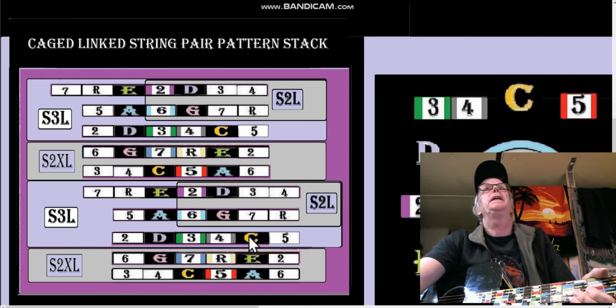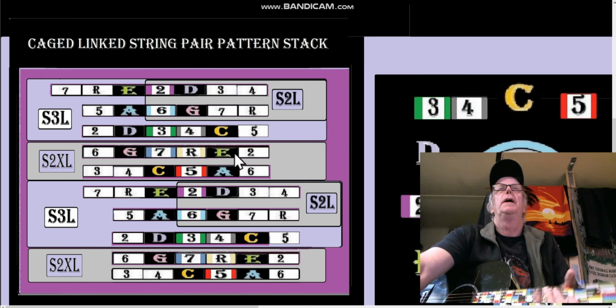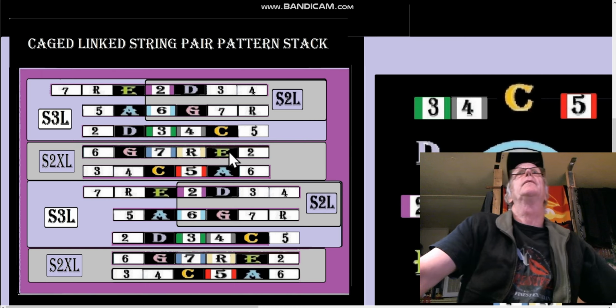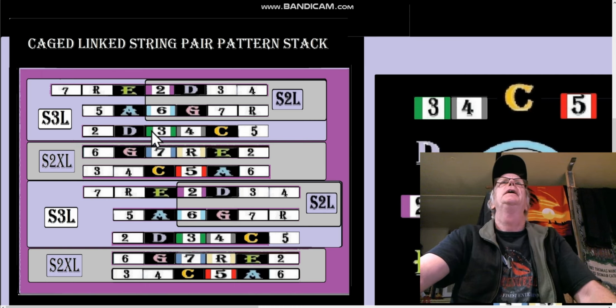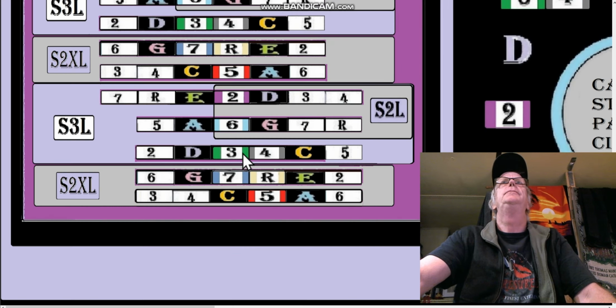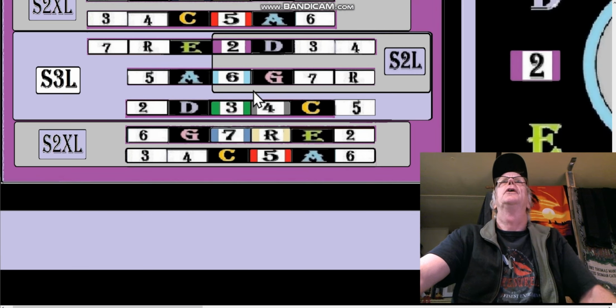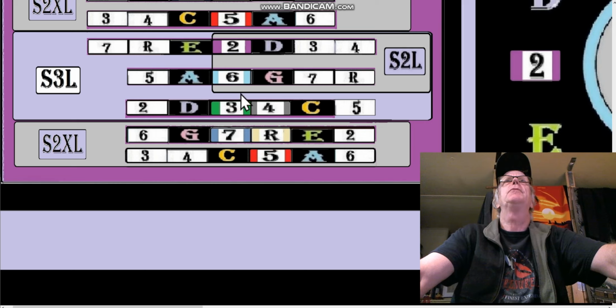Anyway, we have that E right here. Sometimes I have to put the guitar down and get into chart mode here. So we have the E right here, and it's a D shape, 2, 3, 4.